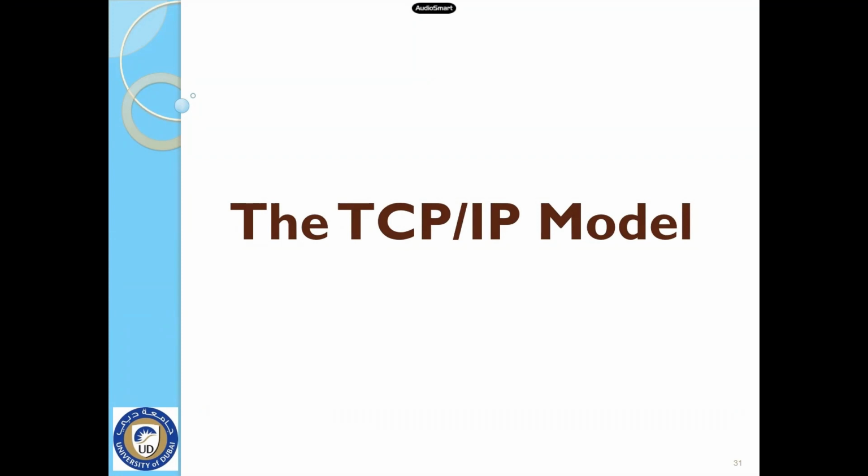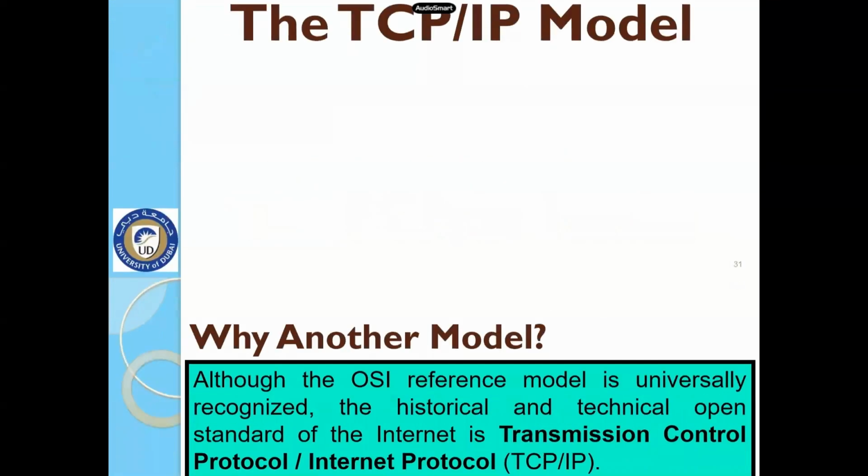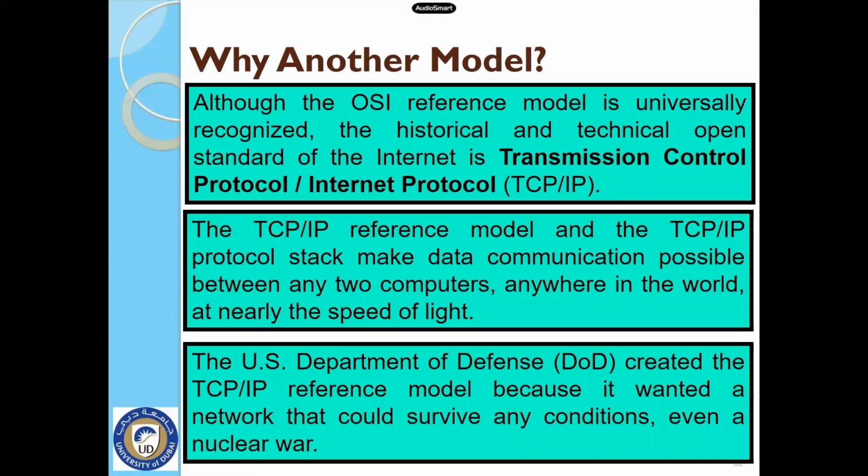Okay, so we did the OSI model. It was introduced back in the mid-80s. It worked fine, everything was fine, but then the TCP/IP model was introduced. TCP is Transmission Control Protocol, and IP is Internet Protocol. So why another model?